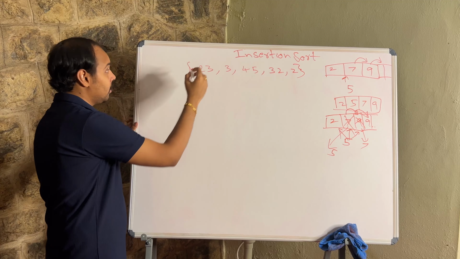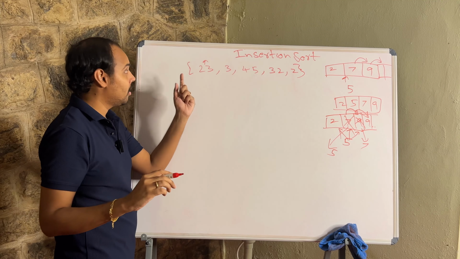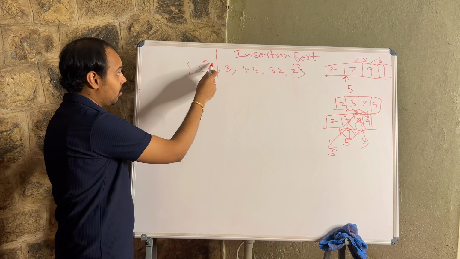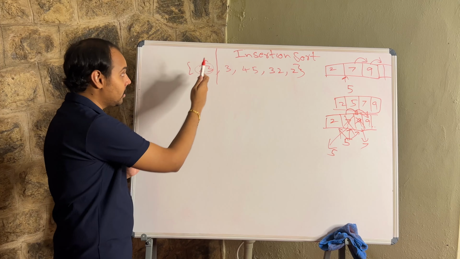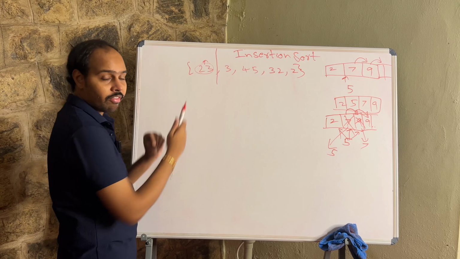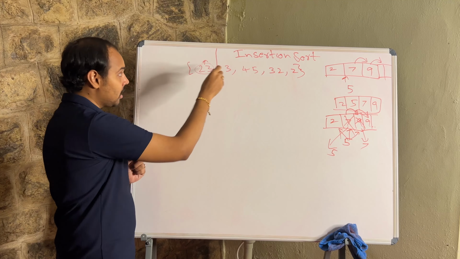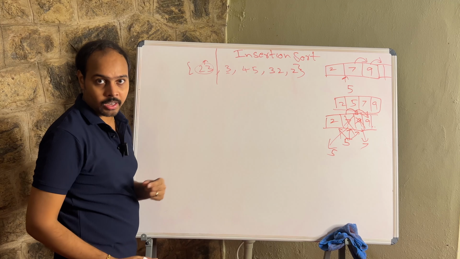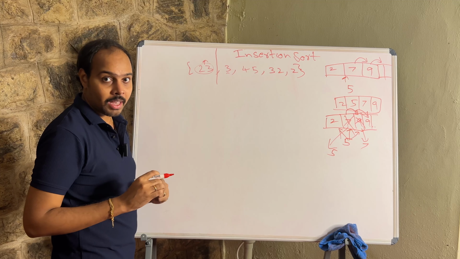Consider the first element is already sorted. I know it is not sorted, but why I say the first element is sorted is when you have only one element in an array, it's already sorted. We consider this first element is already sorted and it is an array of size 1. And during every pass we are going to insert one new element to this sorted array in the right order, like we did in that example.